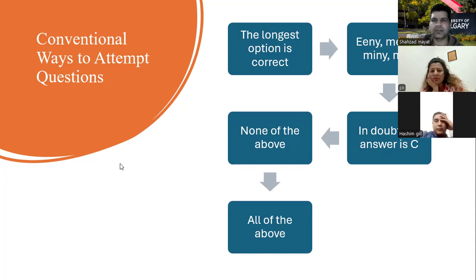And some people will use none of the above or all of the above as the correct option. These are all conventional ways to attempt questions which are not the right ways, right? You need to avoid these things.